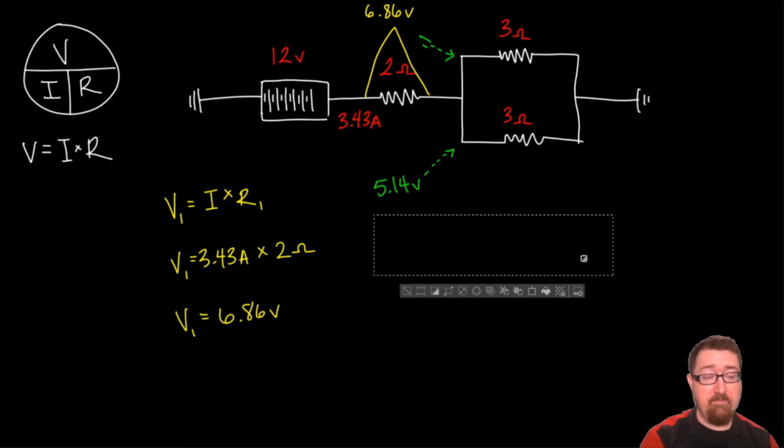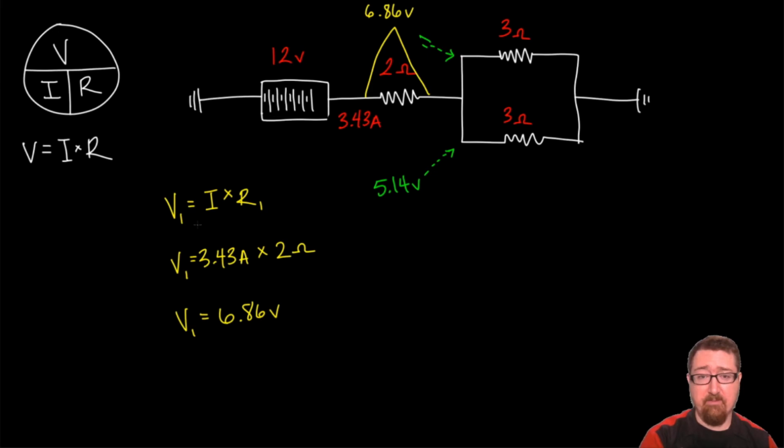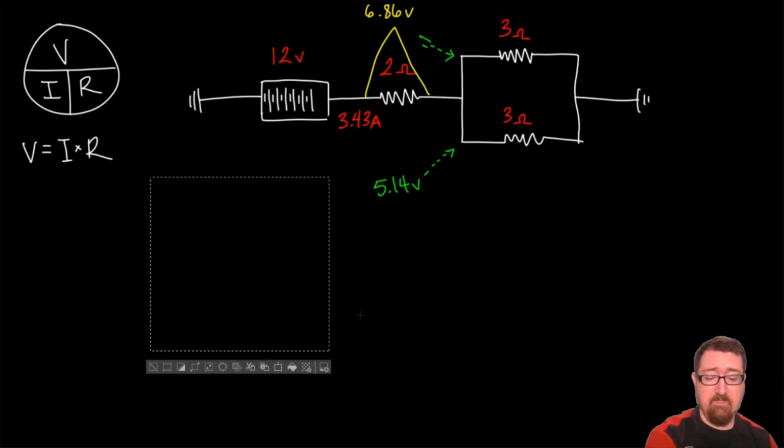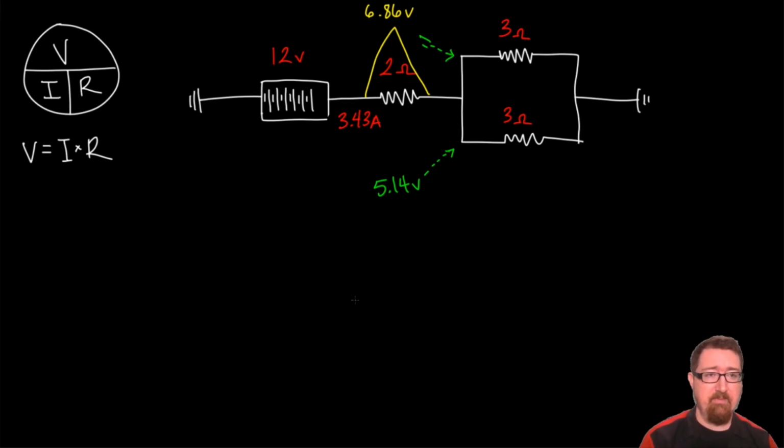Okay, it's going to be important to be able to calculate that and not skip that out, because if we use the 12 volts in our total system, that's going to lead to inaccurate measurements. Okay? So in this case now we need to calculate our amperage for branch 1 and for branch 2.